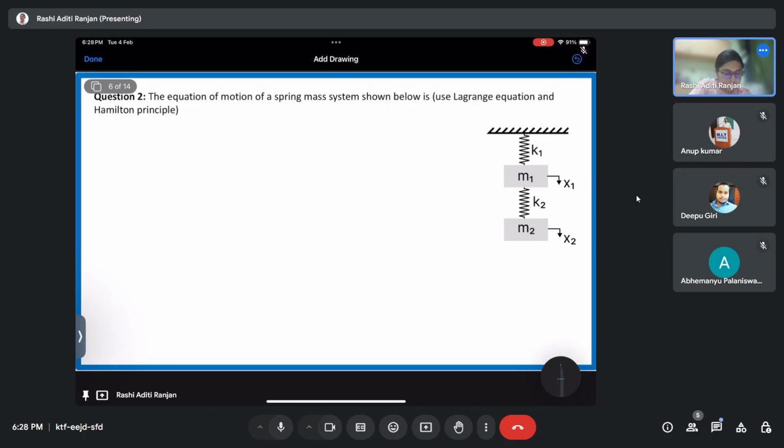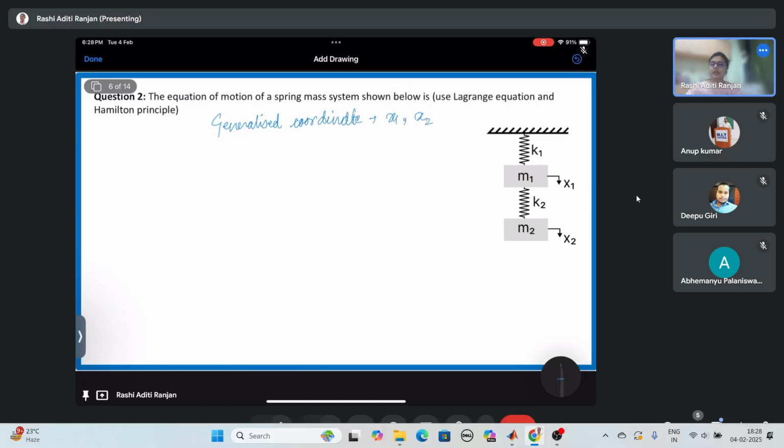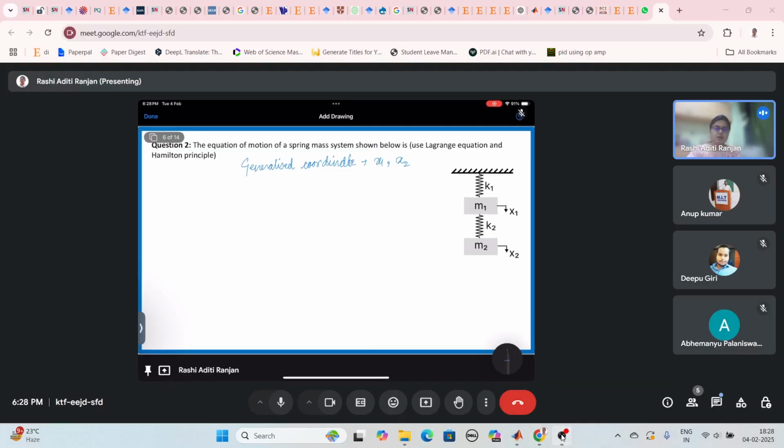So firstly, what I'll do, I'll take the coordinates. So I have two generalized coordinates. Why? Because it's a 2 degree of freedom system, right? So my generalized coordinates are x1 and x2. Okay, x1 and x2 are my generalized coordinates.